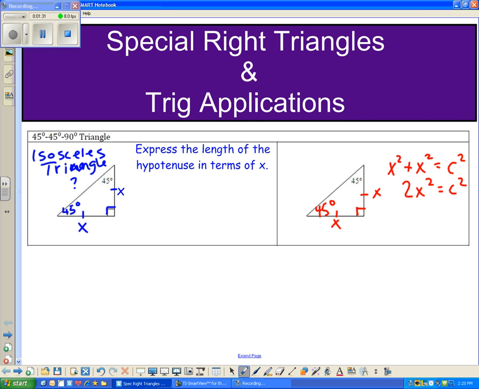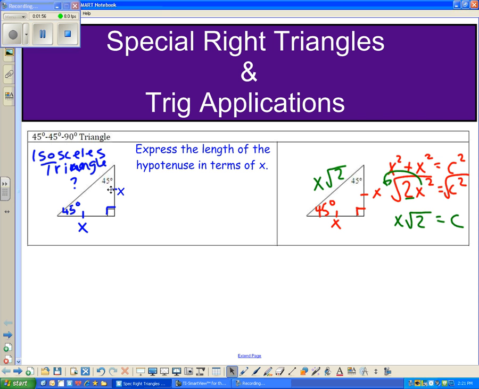And then I need to take the square root to get c by itself. Now, the square root of x squared is a perfect square, so that's going to come outside. So I'm going to have x, but the 2 is left underneath. So x root 2 is equal to c.